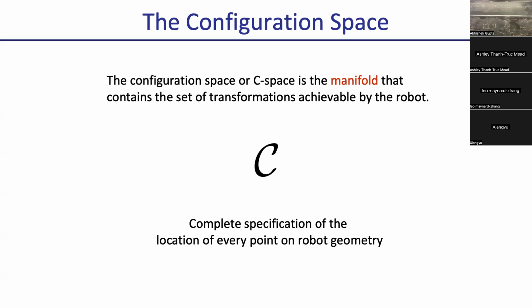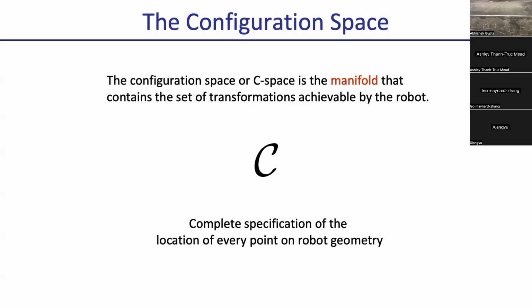It's a manifold because it's continuous. A manifold is something that is continuous, smooth, and has a homeomorphism to R^n. And it basically specifies the problem: you can specify every configuration of a robot by some point.